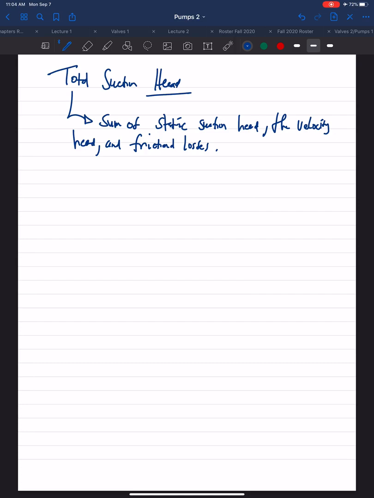So my total suction head, H suction total, is my static suction head plus my velocity head minus my H frictional losses.